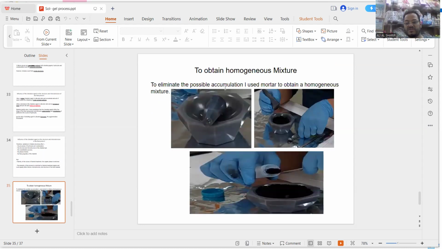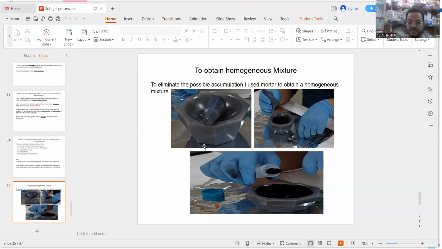These are some pictures from my study from the lab when the sol-gel was done and I had the final product. It was black, like carbon. I used this mortar to crush the final product to be sure to eliminate possible agglomeration, and to obtain a homogeneous mixture.